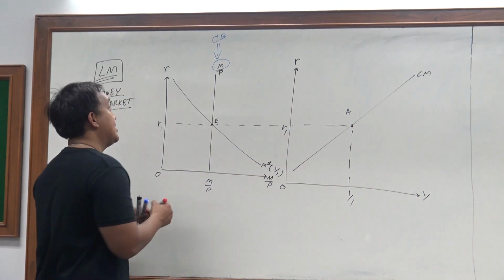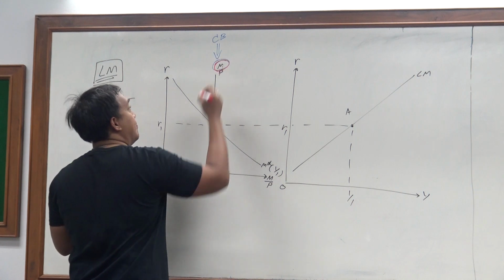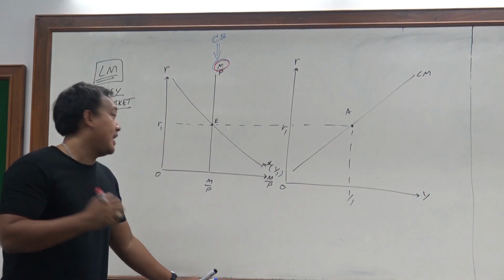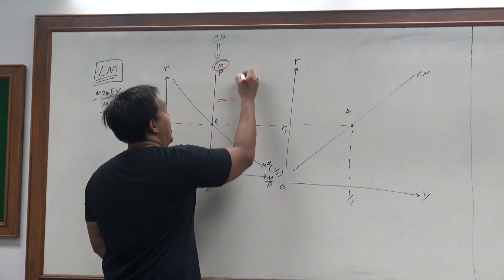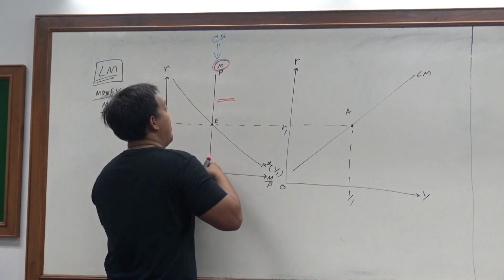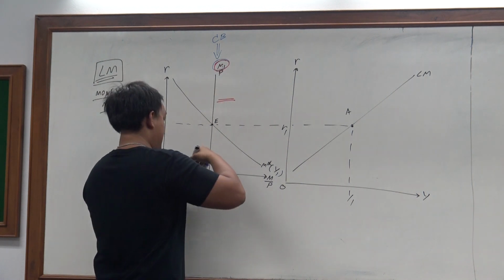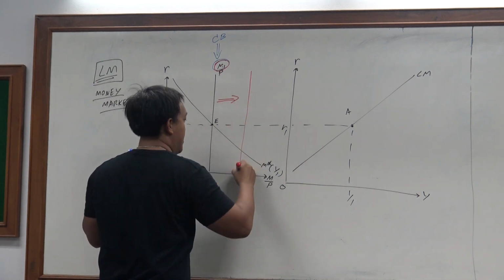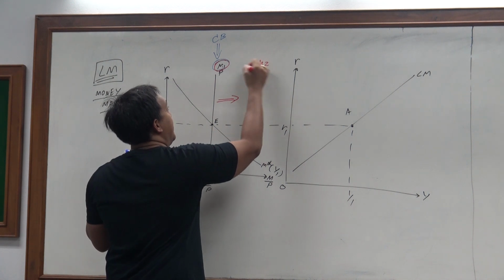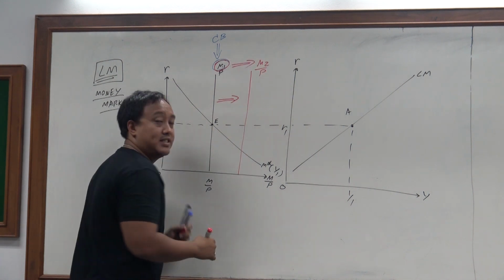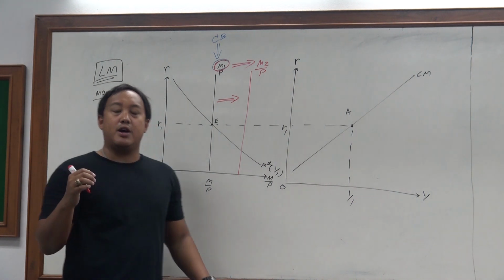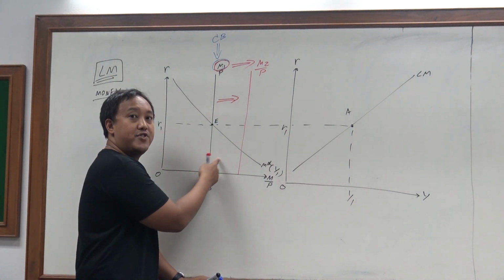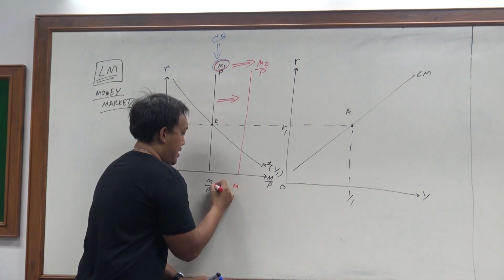For example, if the central bank uses monetary policy to increase M over P, from M1 it shifts to the right, to M2 over P. If the central bank injects more money into the economy, this curve shifts to the right.